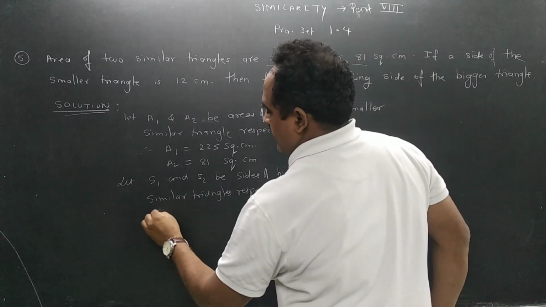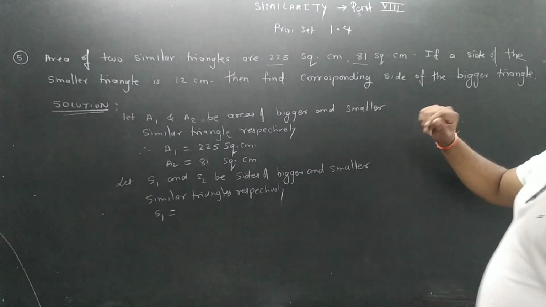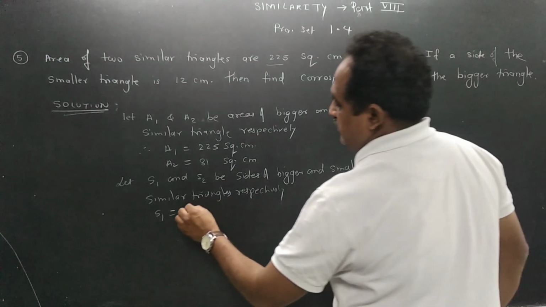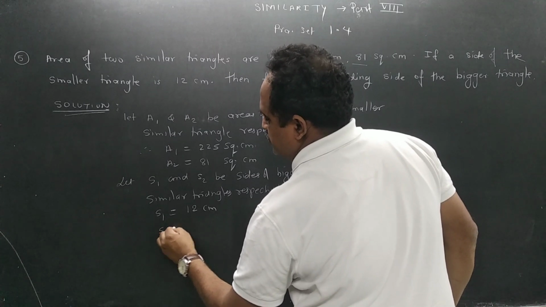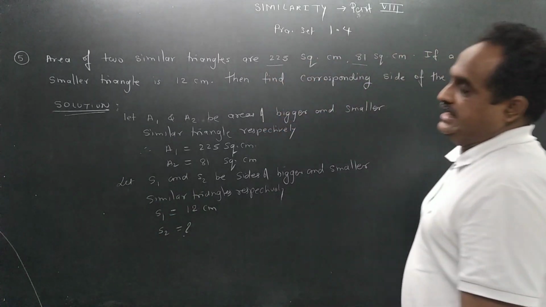So I can write, they have given the smaller one. What is that? Side of a smaller similar triangle is 12 centimeter. So I will write 12 centimeter, and S2 we have to find out. I don't know how much S2 is.